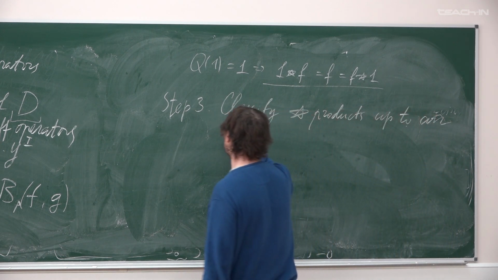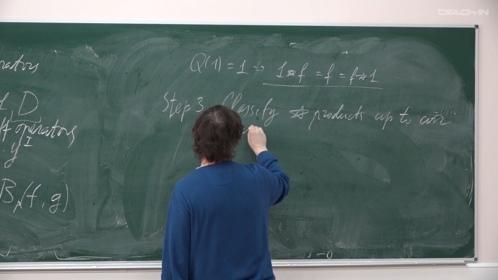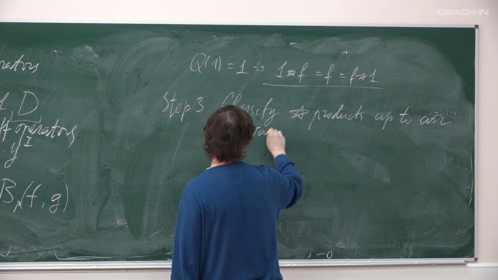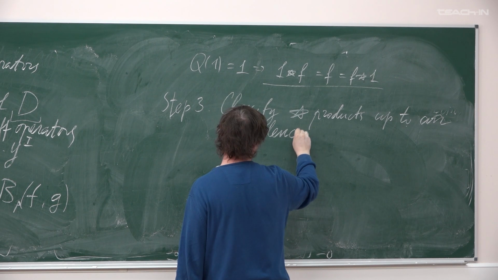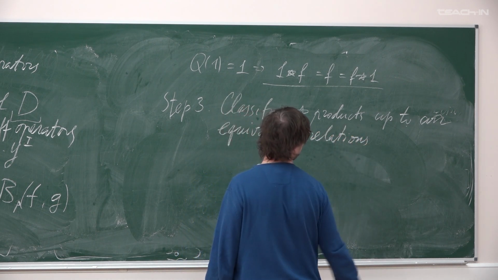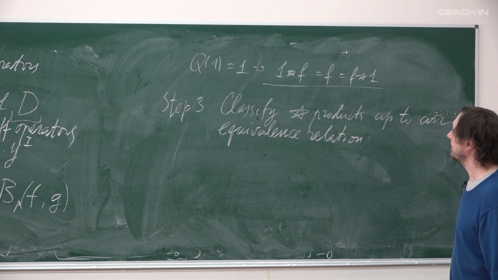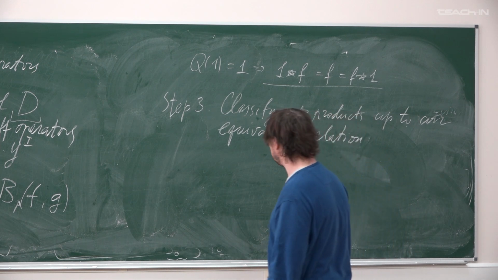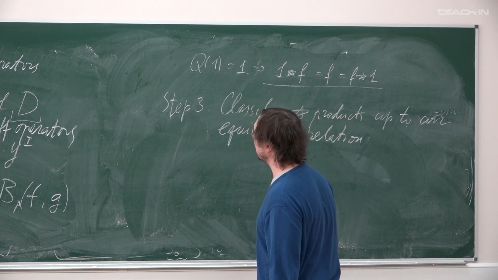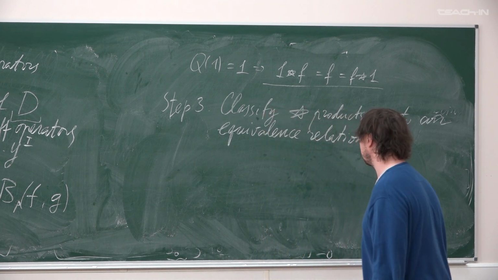And that's probably the most interesting part of the whole story, because here we will see, at least I'll sketch it, that the set of classes is closely related to the topology of the manifold M.